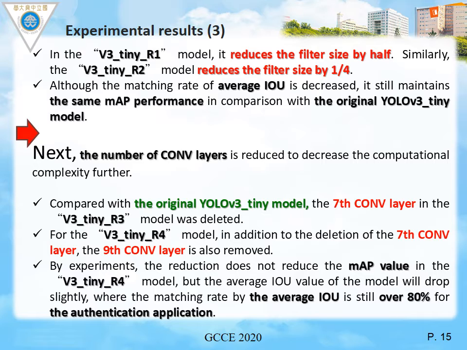By experiments, the reduction does not reduce the mAP value in the V3 Tiny R4 model, but the average IOU value of the model will drop slightly, where the matching rate by the average IOU is still over 80% for the authentication application.